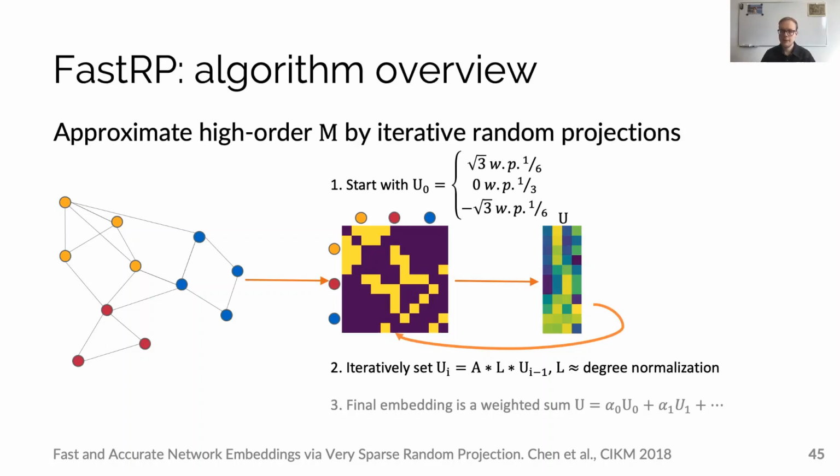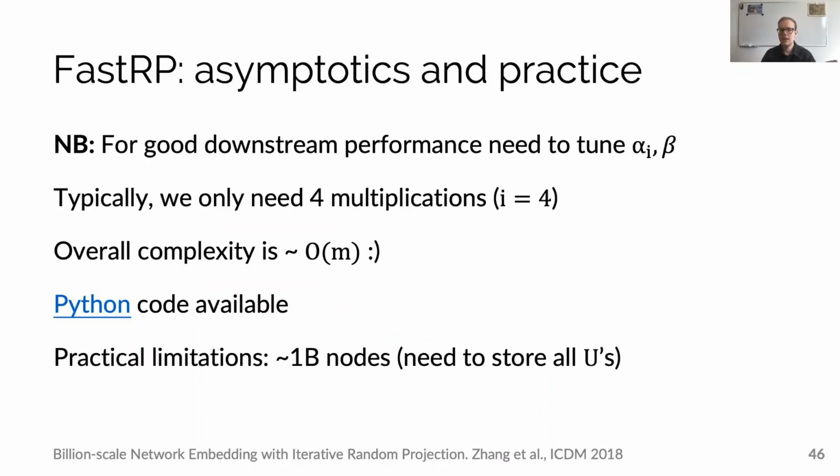We combine a weighted sum with weights that are set by the authors through the parameters alpha and beta. We need 1 more multiplication than RandNE to work well in practice, for whatever reason. The overall complexity depends only on the number of edges in the graph. The Python code is available and it's fast.